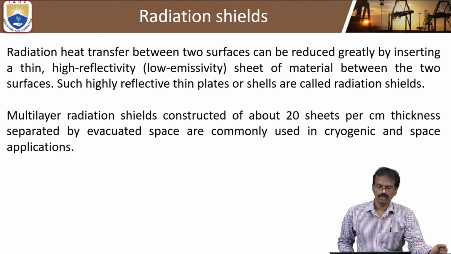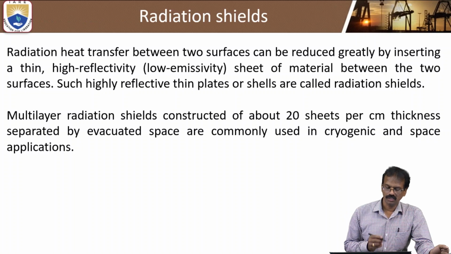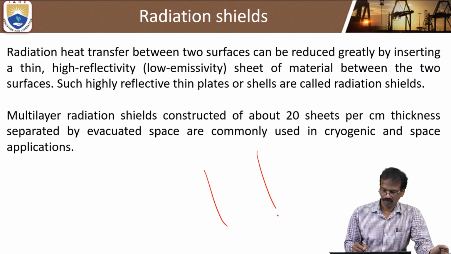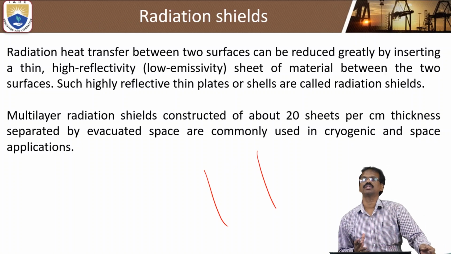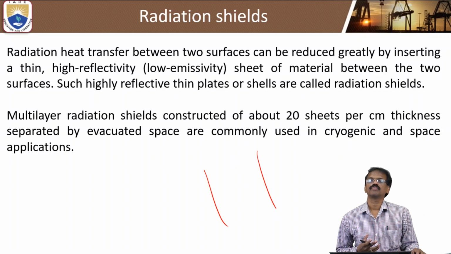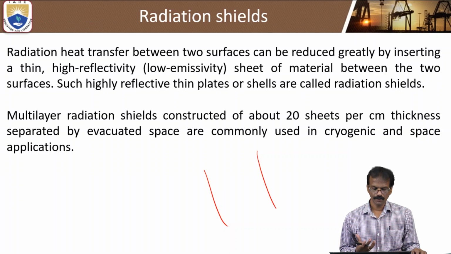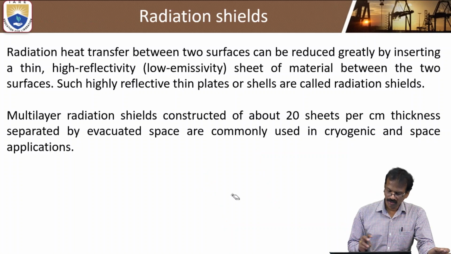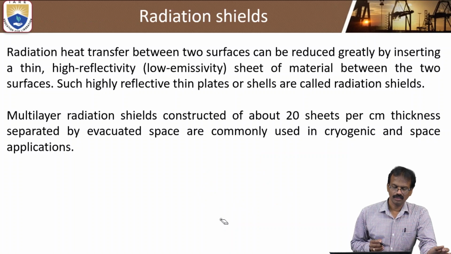Next condition is the radiation shield, which is placing one shield in between the two plates to reduce the heat flow, meaning to increase the resistance. We'll see the importance of the radiation shield.